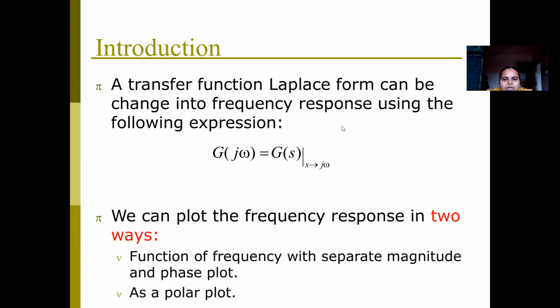Next, when I take any equation, it is given in terms of the numerator part and the denominator part. If it is in terms of j omega, we are converting the transfer function by applying a Laplace transform. The transfer function of a Laplace form can be changed into a frequency response just by replacing s with j omega.